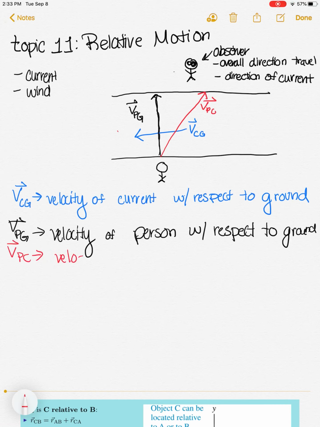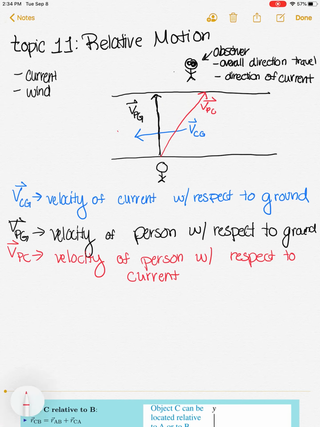So VPC is the velocity of person with respect to current. So here, our person knows that he or she needs to travel in a northeast fashion in order to cancel out the contribution of the current with respect to the ground.